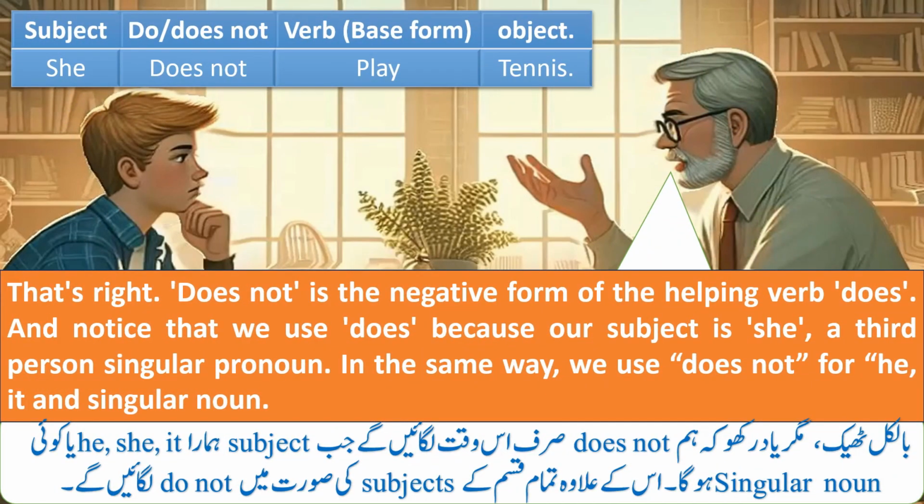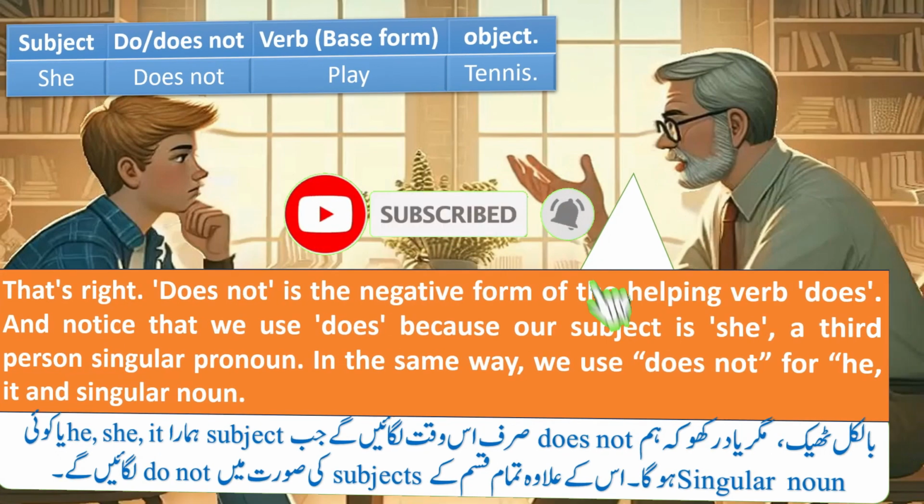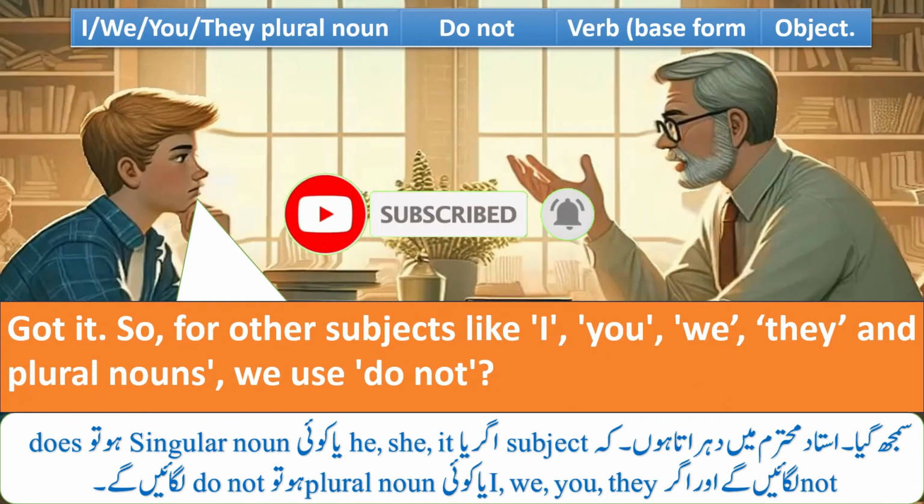That's right. Does not is the negative form of the helping verb does. And notice that we use does because our subject is she, a third-person singular pronoun. In the same way, we use does not for he, it, and singular noun. Got it.